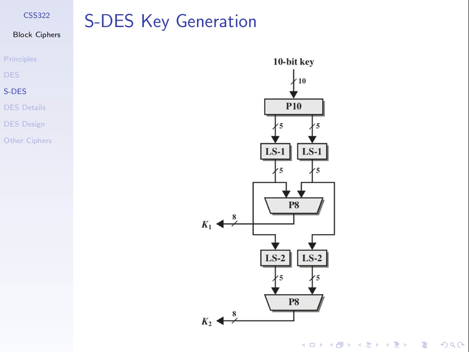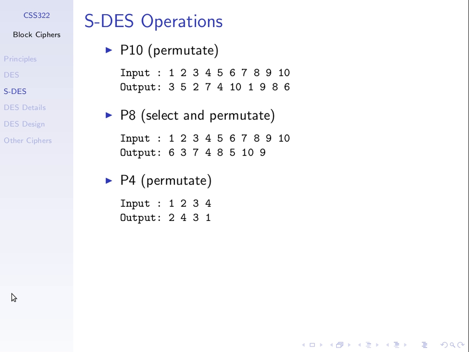That is this step. Well, those 2 steps there. And P8 again, the same P8 as we did before. Select and permutate. 6, 3, 7, 4.